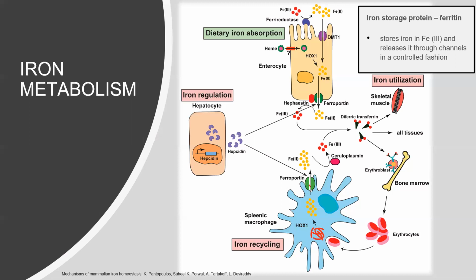And one molecule of transferrin can transport 2 ferric atoms, and the half-life of transferrin is 7 to 10 days. Why do we need to know that? Actually, in different types of anemia, we need to measure iron level and total iron binding capacity.